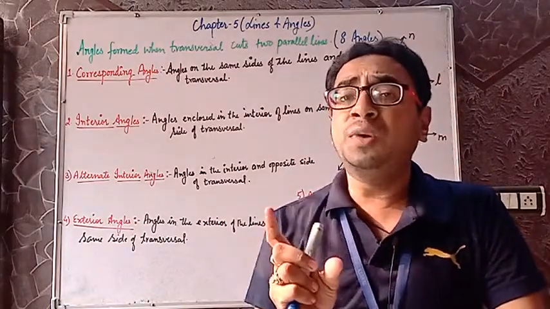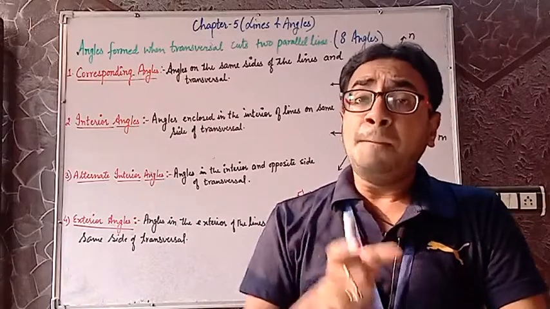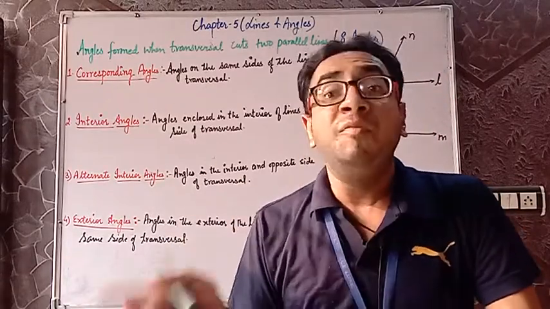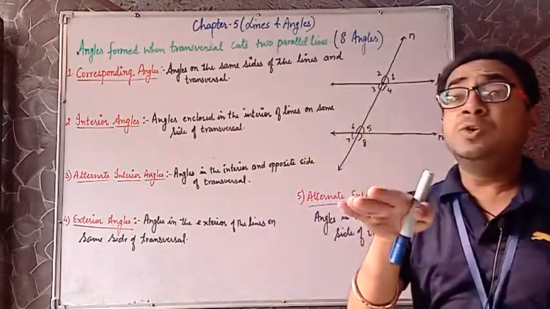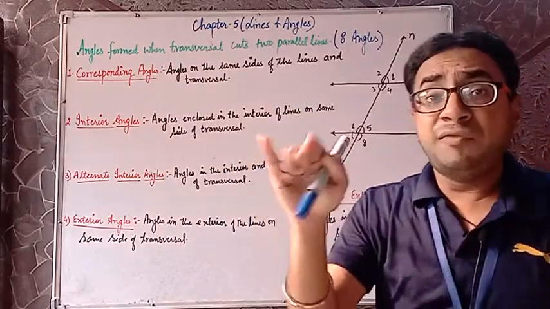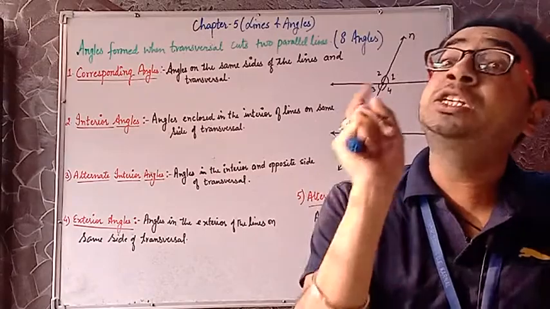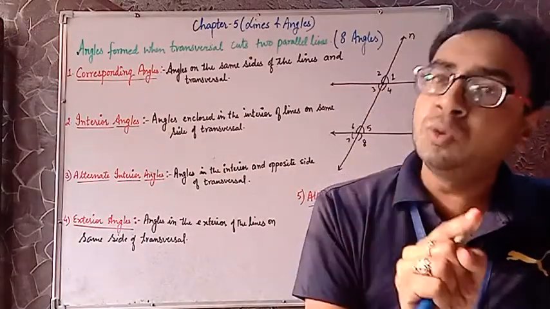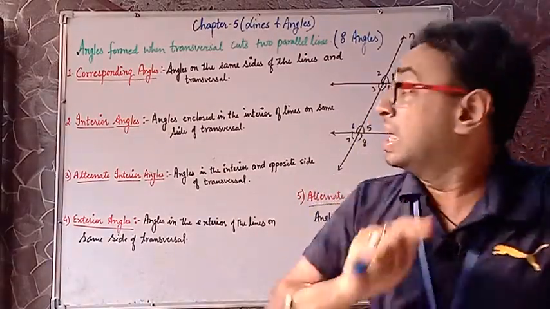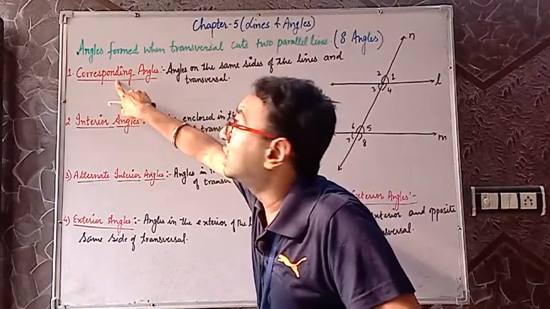It is a similar address, but it must relate to you only. You may give the address of a family member or relative, but it would reflect you only. It is related to you only. That is what corresponding angle means.